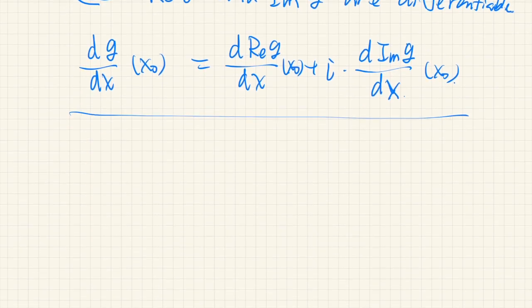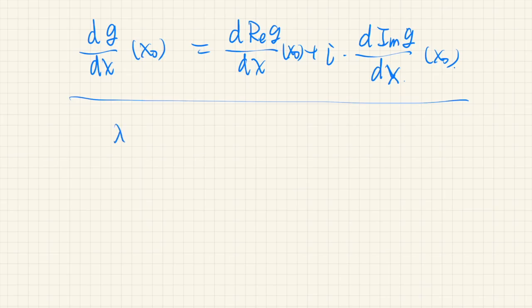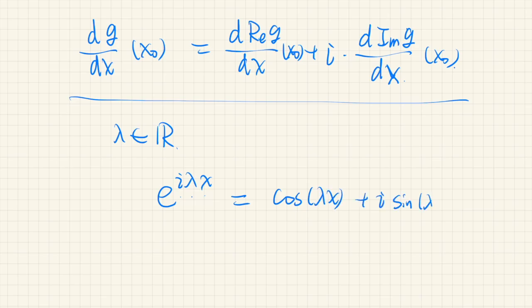Okay, let's see a simple example. Let's say lambda is any real number, and we have Euler's formula. Exponential of i lambda x is cosine lambda x plus i sine lambda x. So this is the real part, and this is the imaginary part of this function.